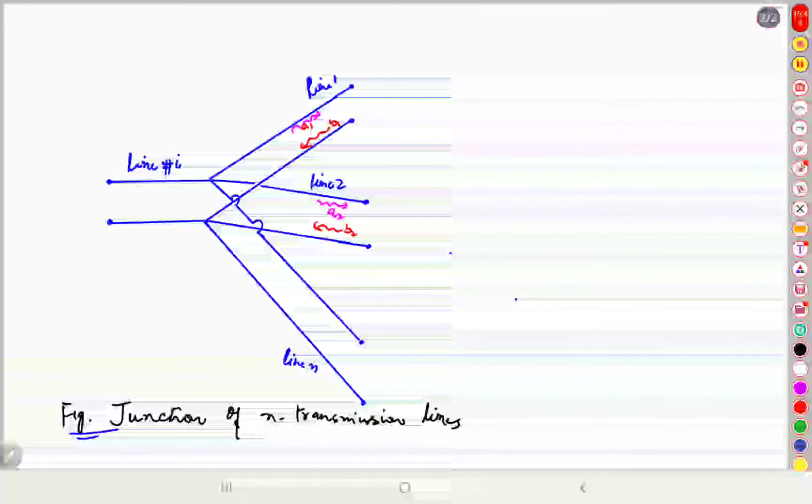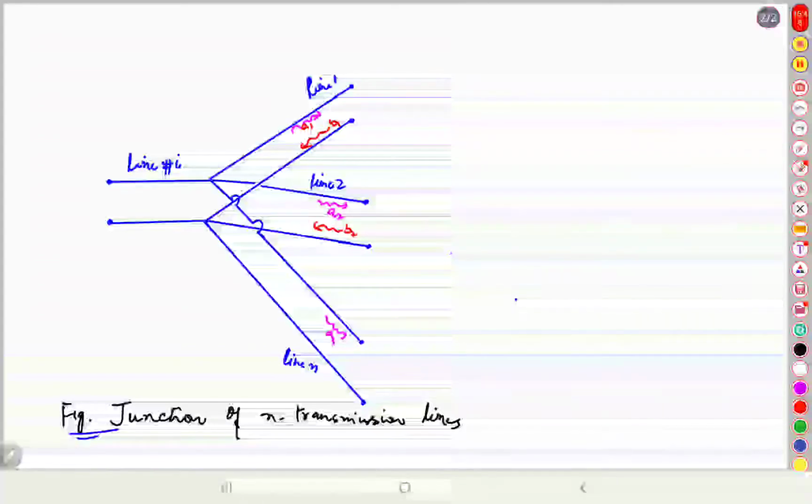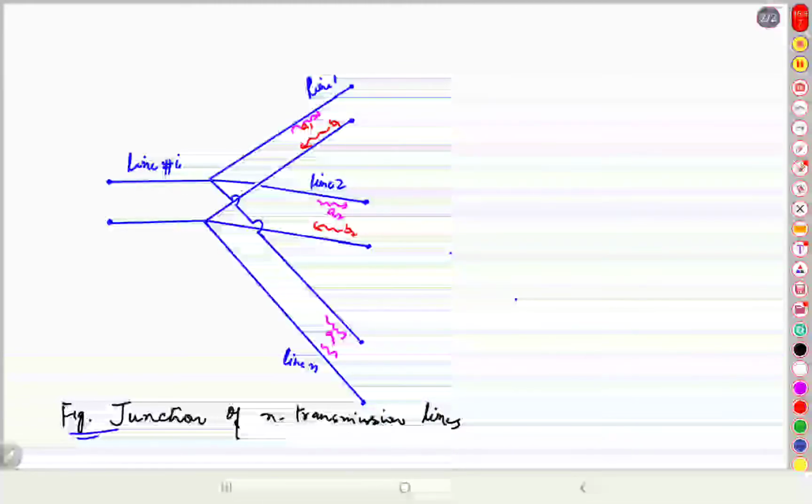At the nth line I have AN as the incident wave, and BN corresponds to the reflected wave.